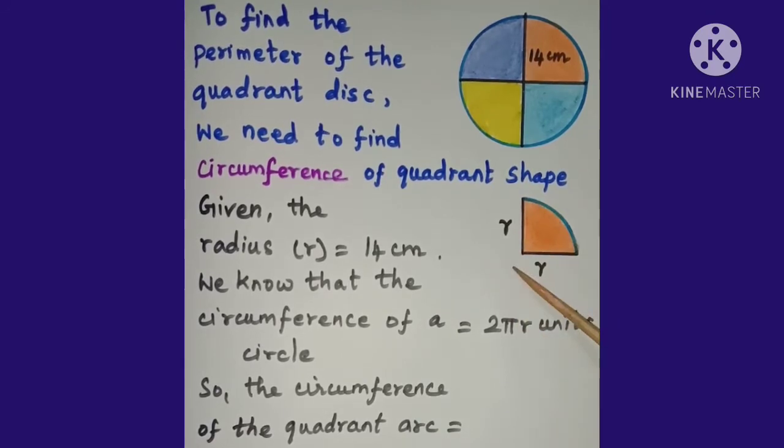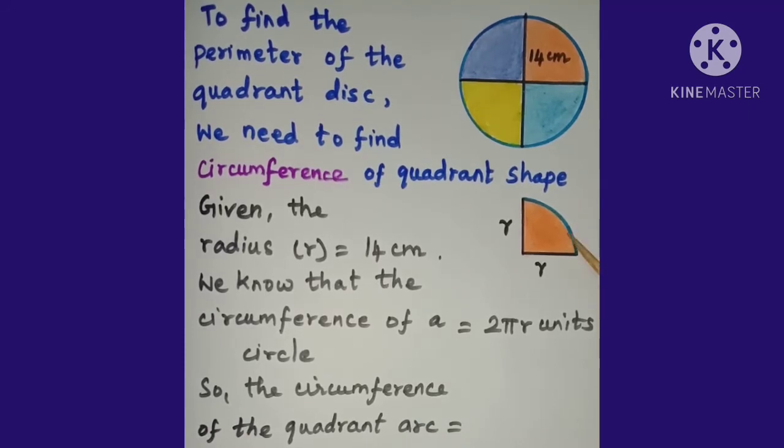So the perimeter means the length of the boundary. So length of the boundary means r plus r, and here what is the part? Arc. Here the arc represents the circumference of the quadrant shaped disc.